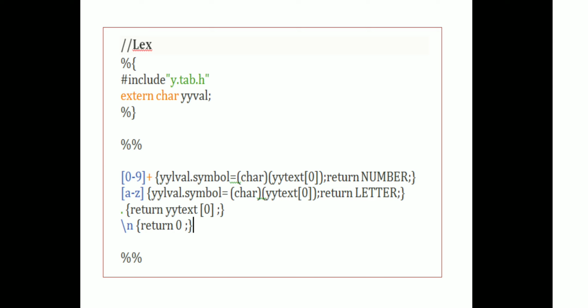The first section is the declaration and definition section, the next section is the translation rule section, and then the next section is the auxiliary functions. The syntax for writing the definition section is percent left curly brace, percent right curly brace, and in between we write the declarations. The declaration section must consist of declarations of header files, manifest constants, constants, and tokens, such as LT, less than.